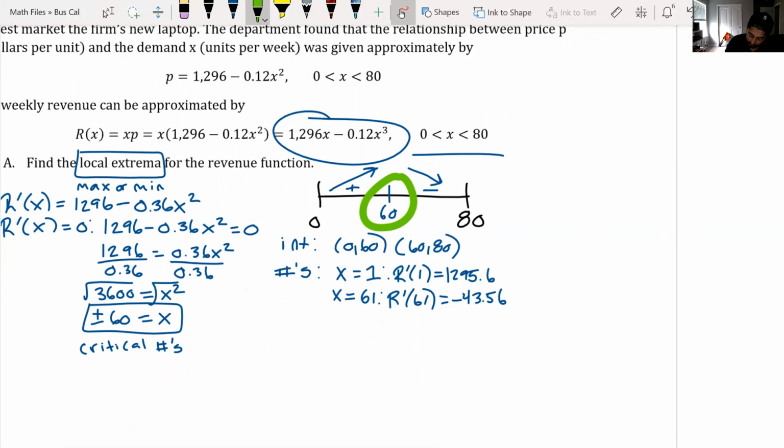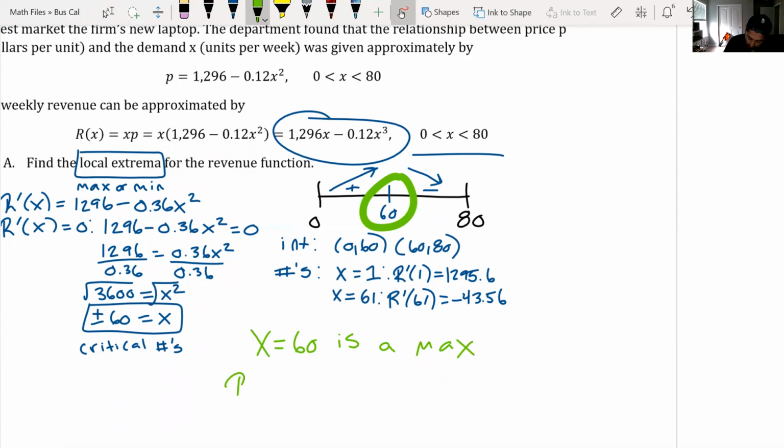Since we increase and decrease, this means that x equals 60 is a max. And if we want to find the exact location of that max, if we want to find the exact revenue at that max, take 60 and plug it into the original function.